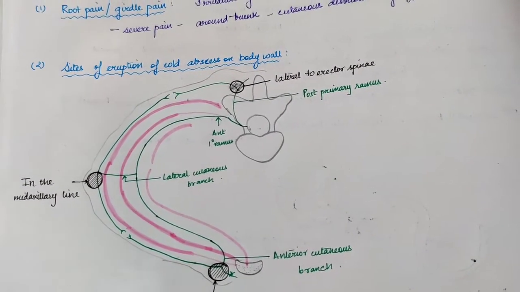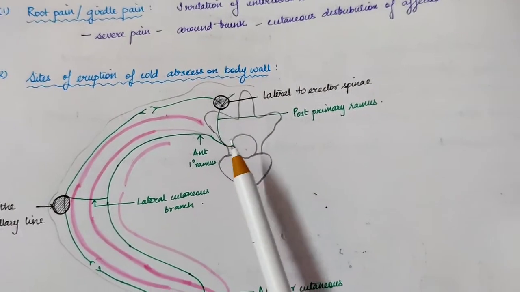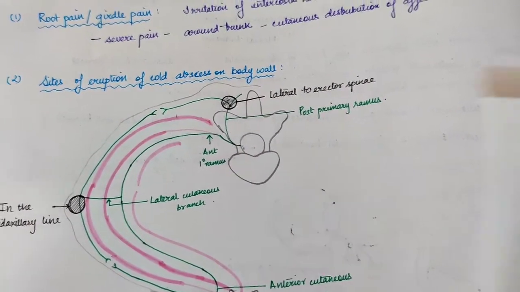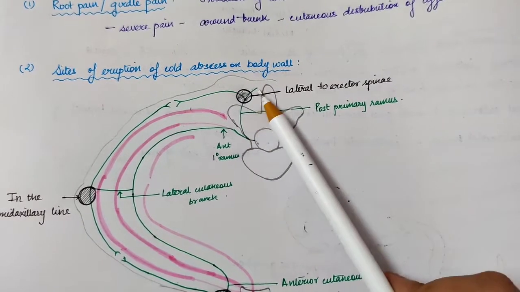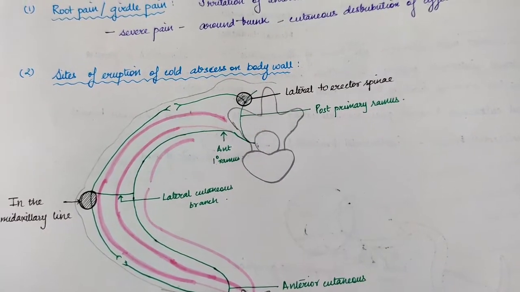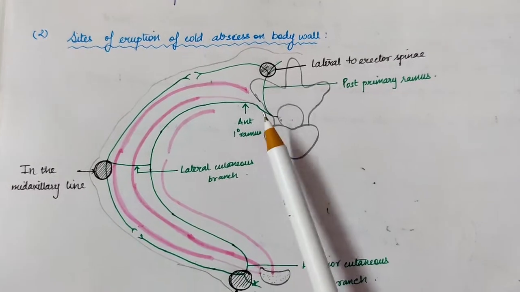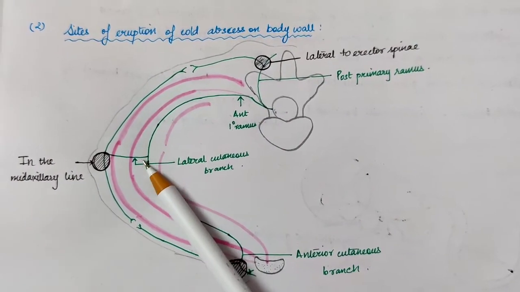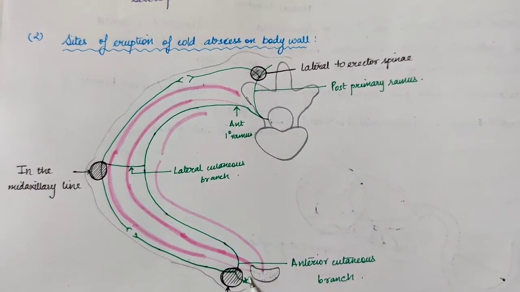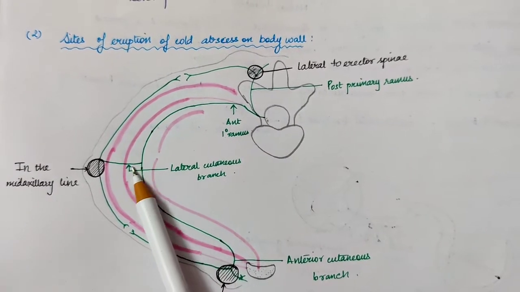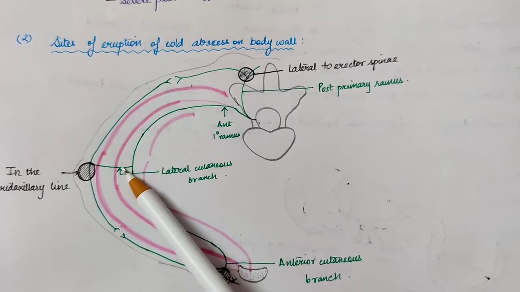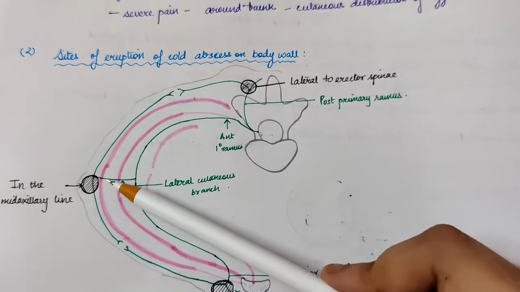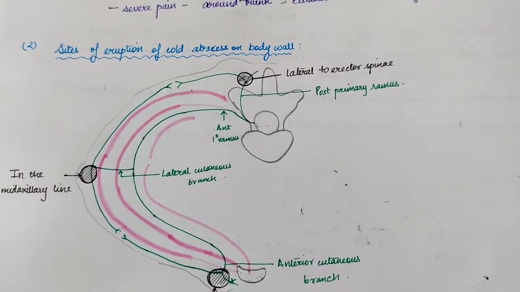Now let us see the nerves. First of all, the thoracic nerves at this level divide into the anterior and the posterior primary ramus. From here it descends and comes down here. First it gives out the lateral cutaneous branch. From there it goes along the same level and then divides into the anterior and posterior divisions.